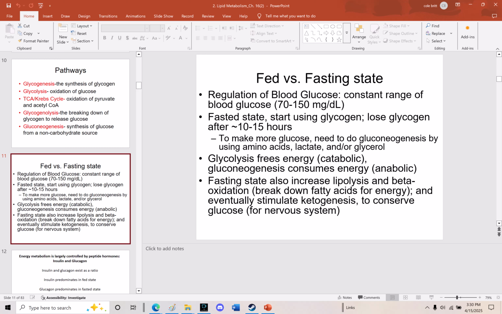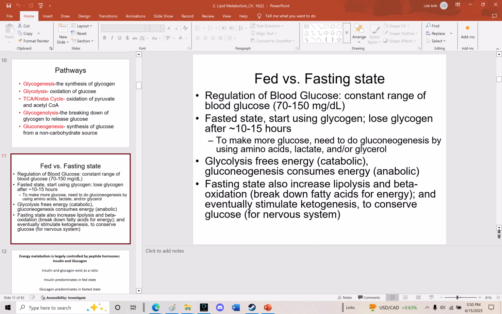So technically, if you did drink a protein shake, you're in the fed state. So anytime you consume food, you will be in the fed state. But if you haven't consumed food in the last 10 or 15 hours, you are out of glucose and you are out of glycogen. So you're doing a lot of gluconeogenesis just to keep glucose up in your blood. So your body's probably breaking down various components in order to make new glucose.